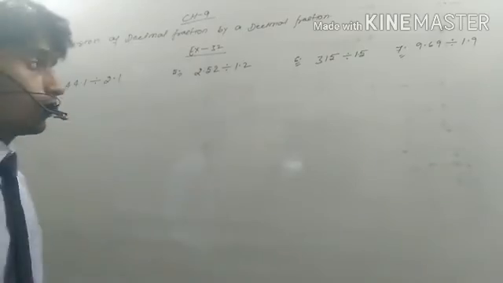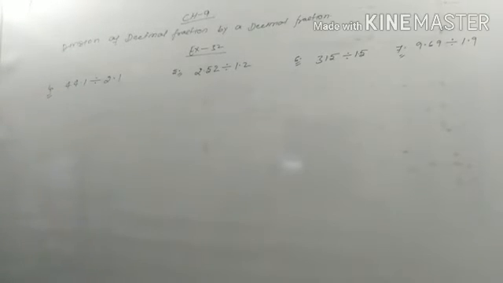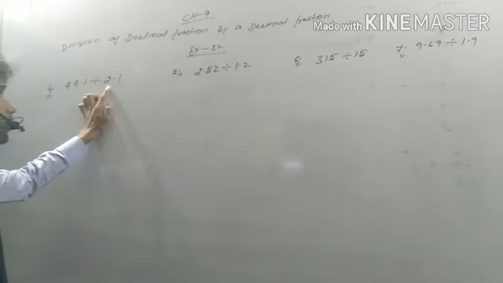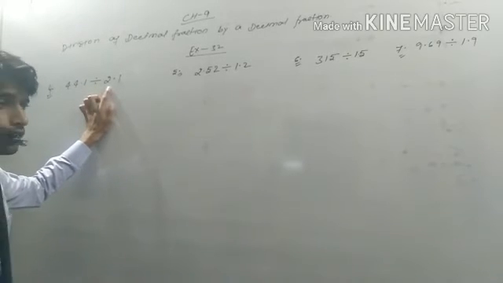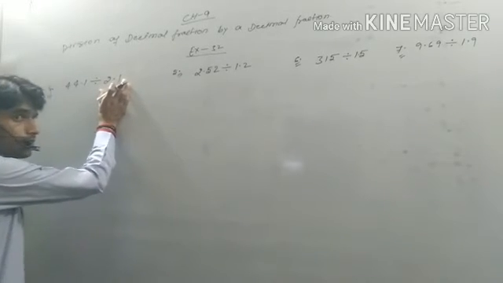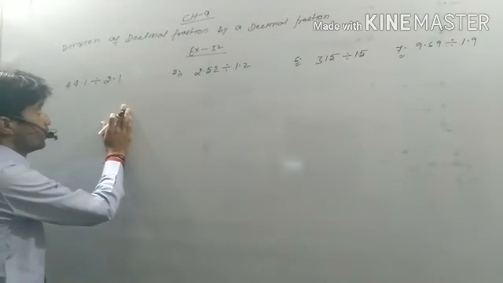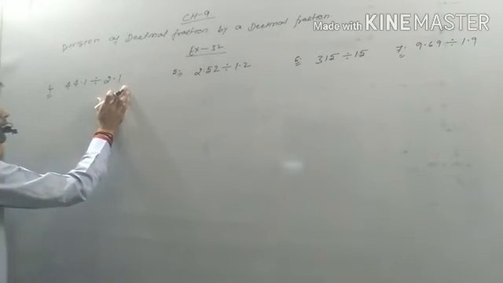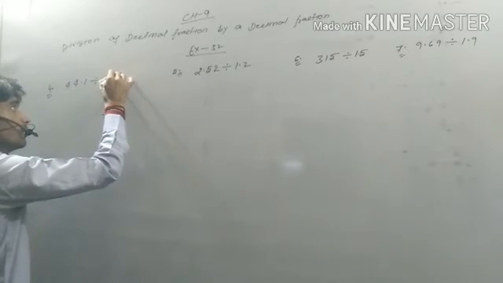Now next question, question number 4. Here is 44.1 divided by 2.1. First of all, we have to change the decimal fraction into a whole number. For making a whole number, shift the decimal point after one place.